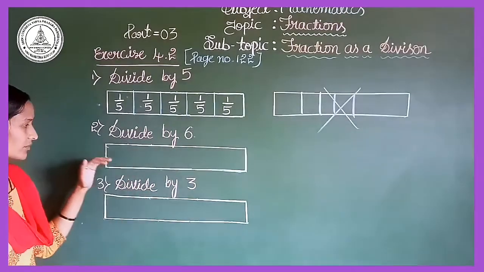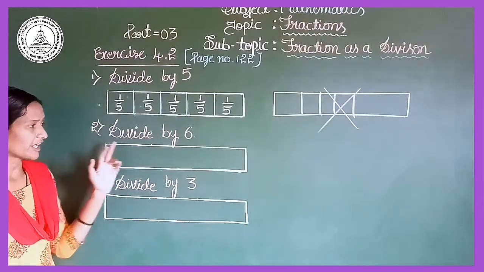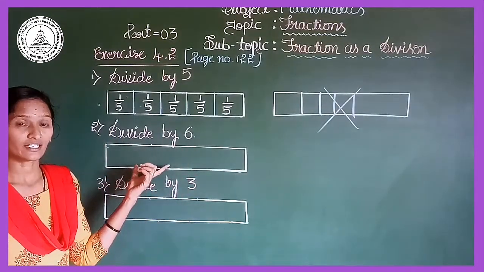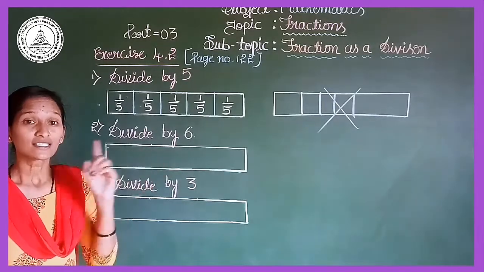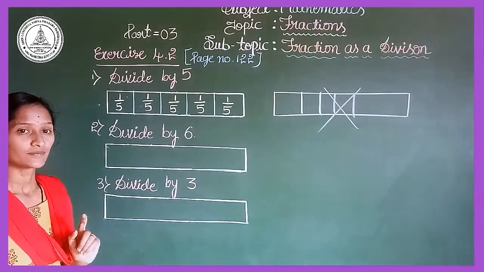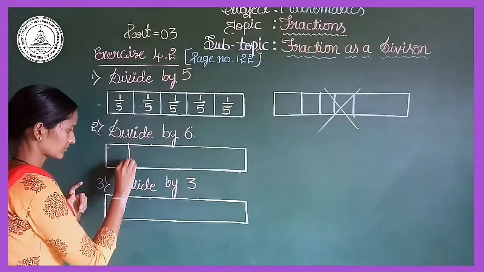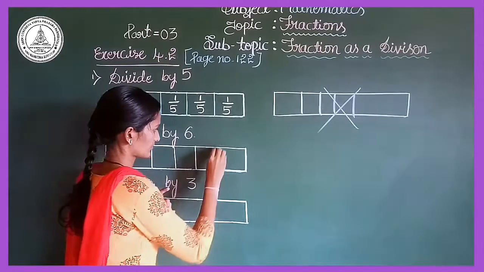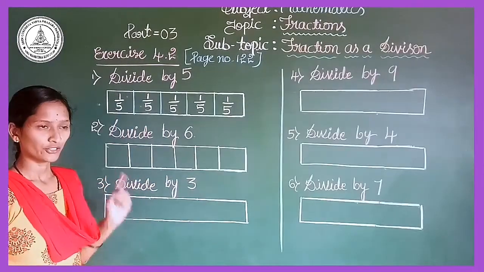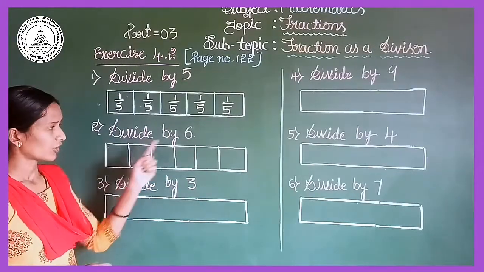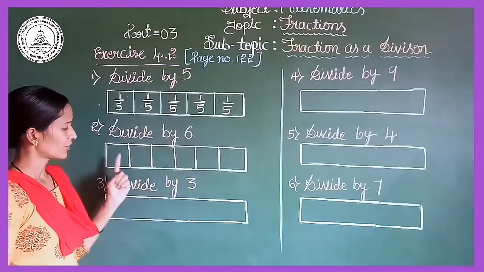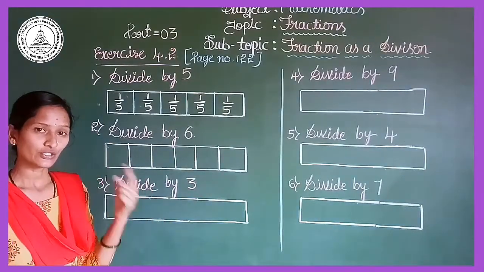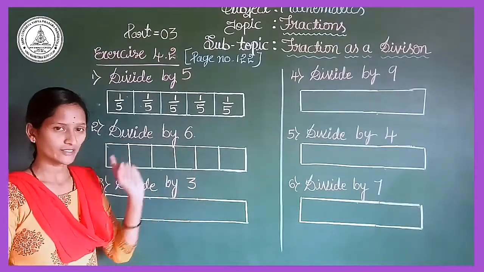Okay. Now come to the second one. Divide by 6. It means you have to divide this rectangular piece of paper into 6 parts. So here I made how many parts? 6 parts. 1, 2, 3, 4, 5, 6. Using your ruler you can divide it into 6 parts.